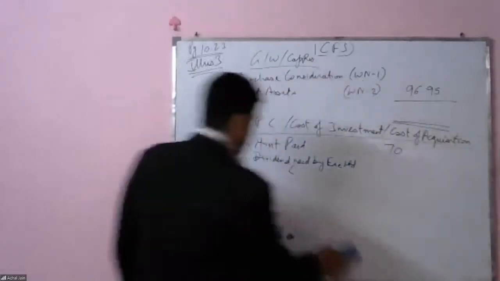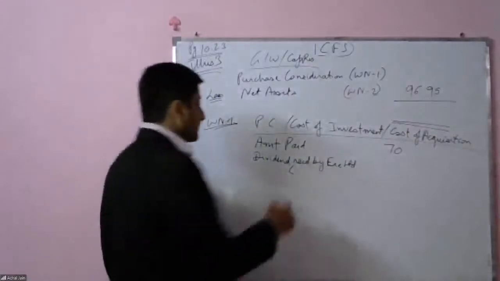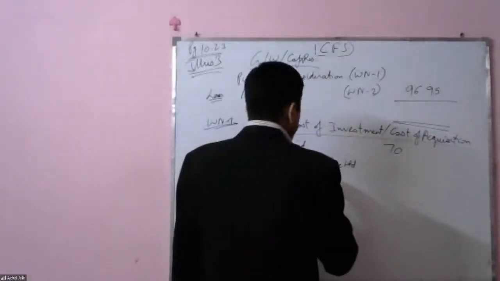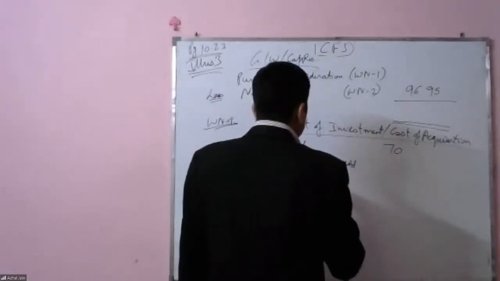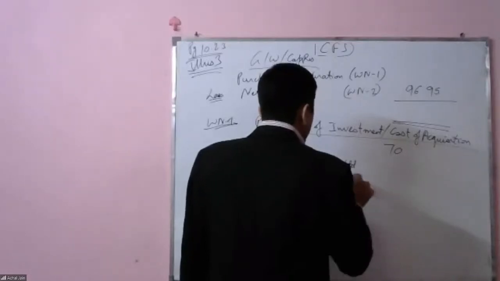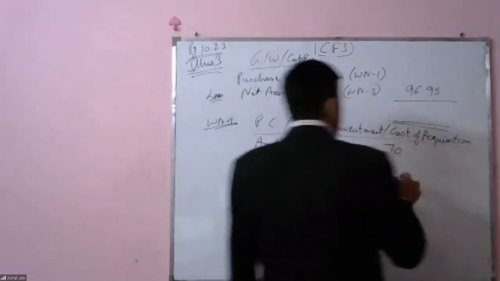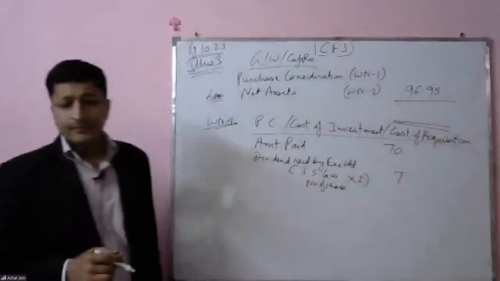You can say this was working note number 3. I'm sorry, I forgot to give the reference. This was 3.5 lakhs, that's the number of shares, into 2. So this becomes 7 lakhs. Okay.